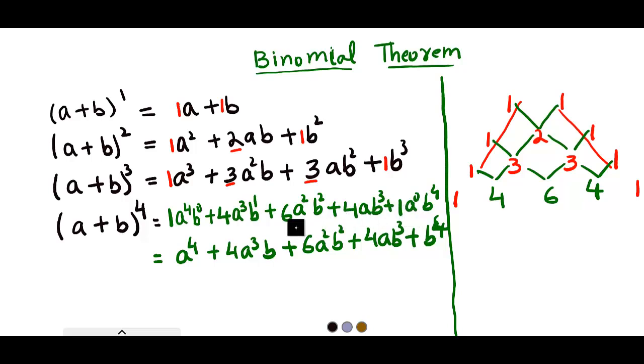Now it's your turn to find the expansion of the next power, which is A plus B power 5. First, find the coefficients of A plus B power 5 by using this pattern. This pattern of numbers is actually making a triangle, and it is called Pascal's triangle.